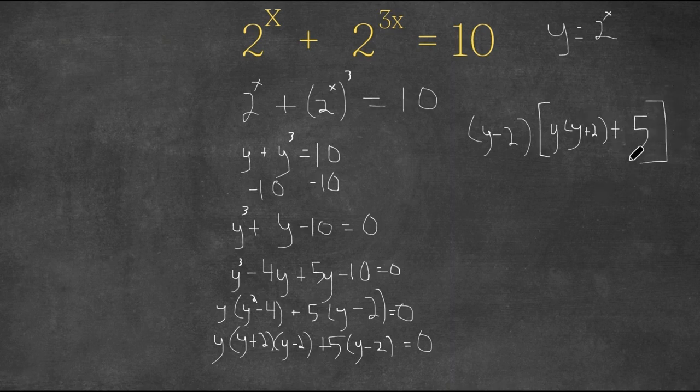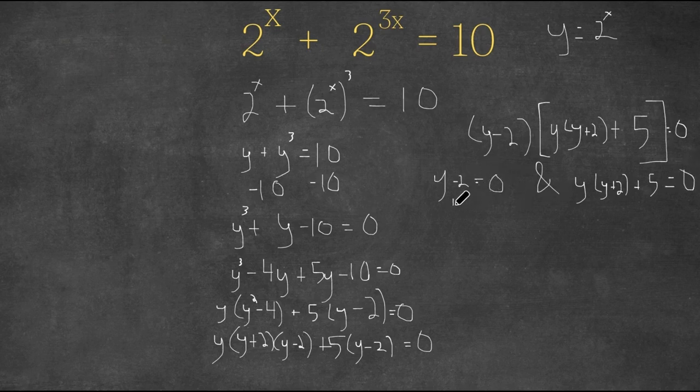And all of this still equals 0. Now we've created two equations. We have y minus 2 equals 0, and y times y plus 2, plus 5 equals 0.